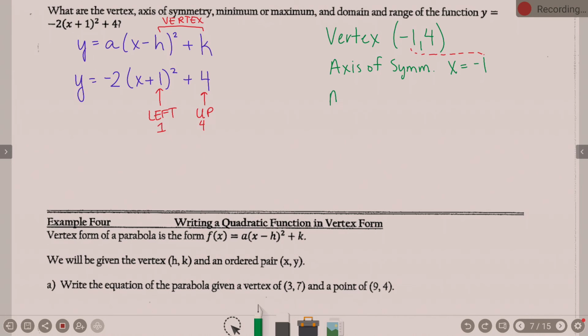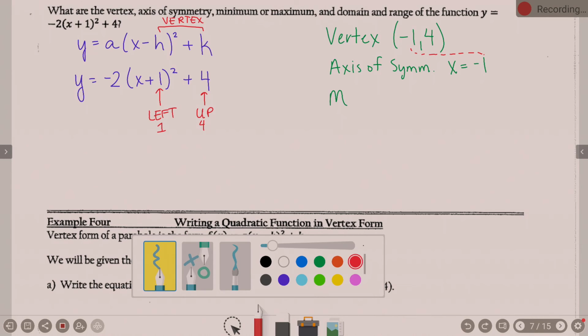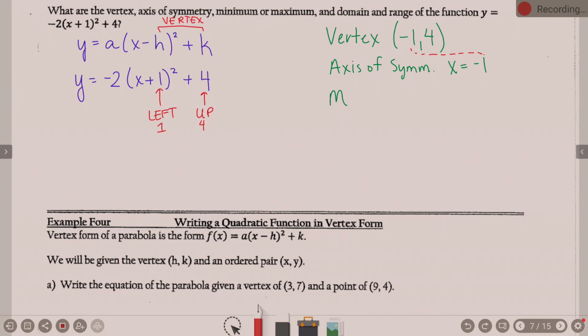What do we do next? Min or max? So all I can write is an m there until we decide. What do you know about this parabola? What's this negative 2 out front tell me? The maximum. Yeah.